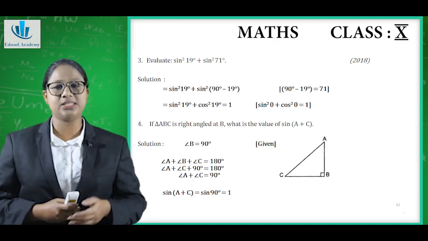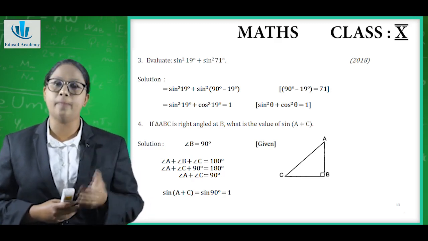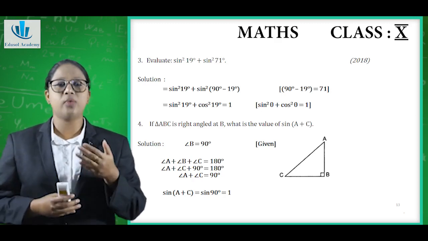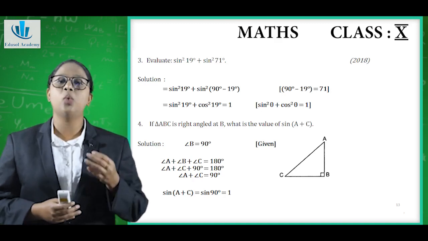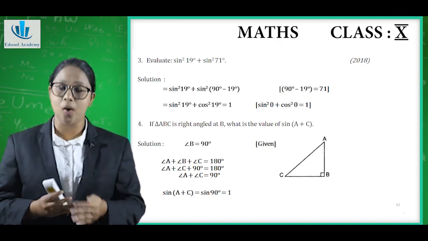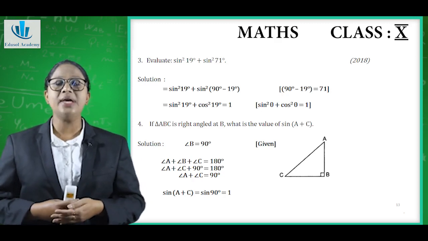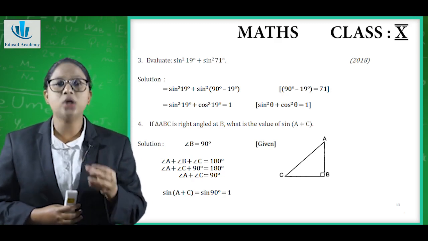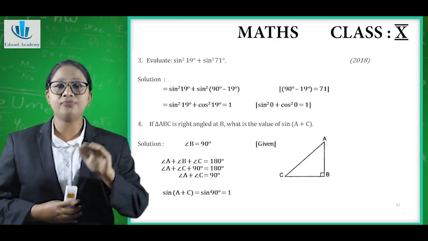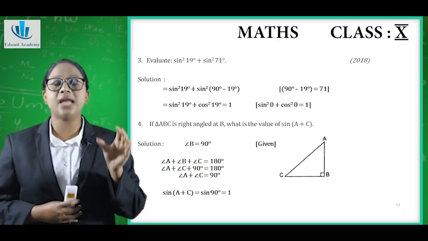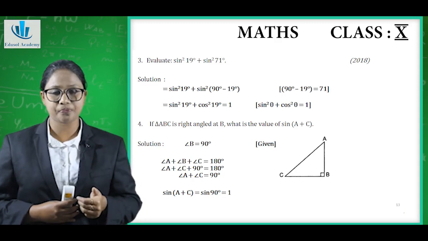We have to first check if the given angles are complementary. How do we check? If they sum up to 90 degrees. So when we add 19 and 71, we will get 90 degrees. So they are complementary. Now the next process that we have to do is express any one of the angles in terms of 90 minus the other one.